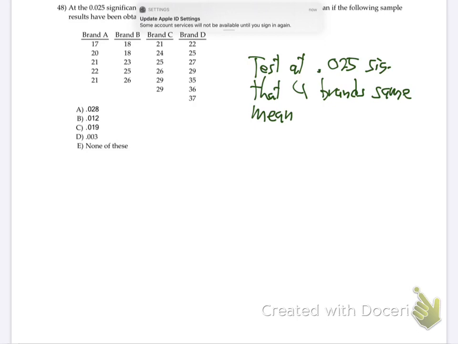So these are different brands of something, and we're testing at the .025 significance level that the 4 brands have the same mean. Do those 4 brands all have the same mean? That's the test. What kind of test is that? ANOVA. Yeah, you're going to be able to recognize that.